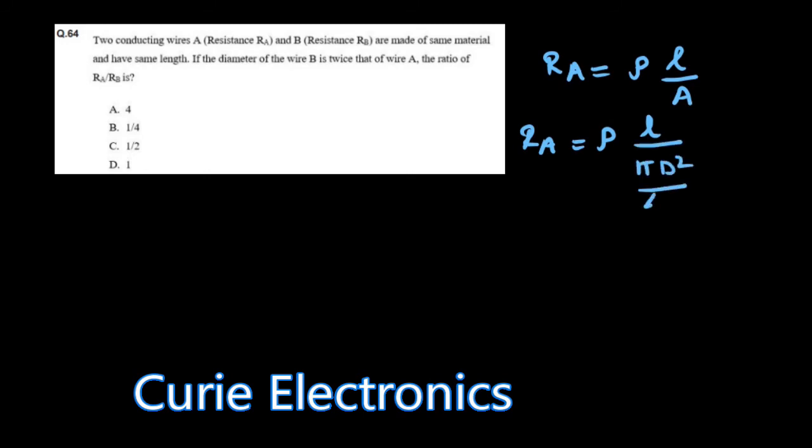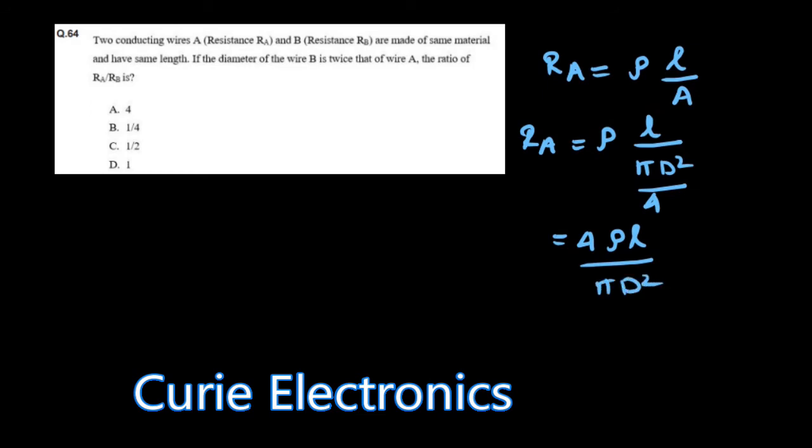So what we have, RA equal to, we can simply write it as rho L upon A, or RA equal to rho L upon pi d square upon 4, which equals 4 rho L upon pi d square.